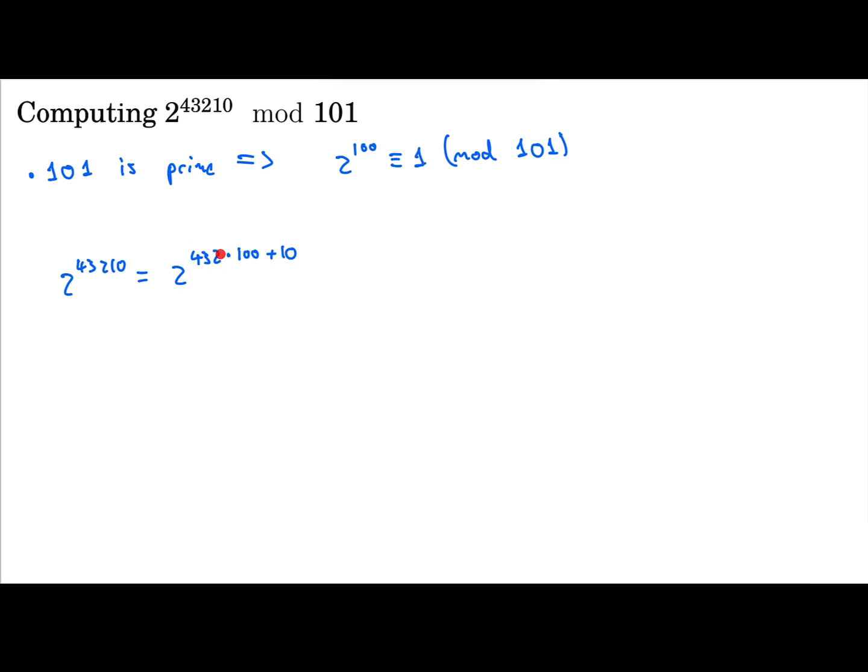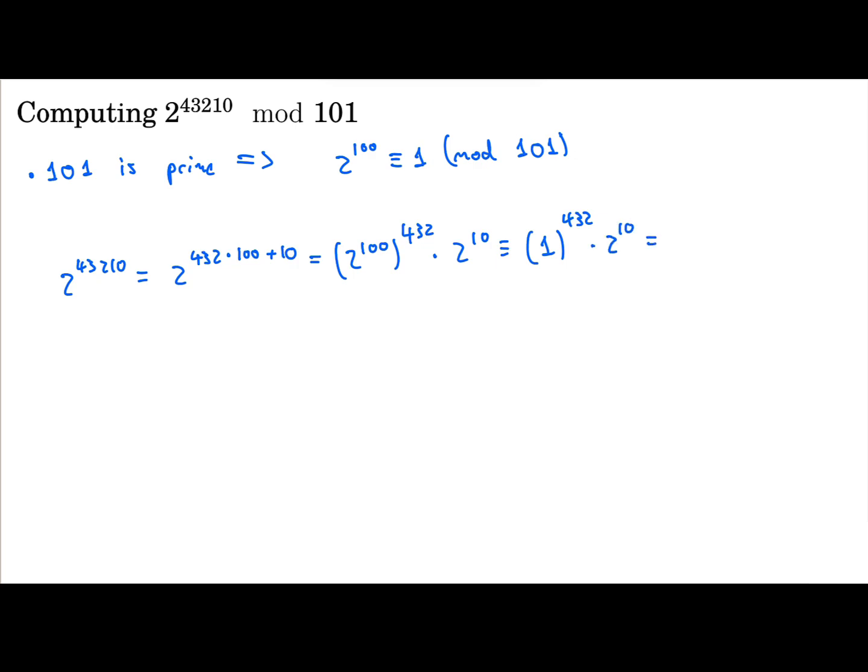And so this, you can then rewrite it as 2 to the power of 100, to the 432, times 2 to the 10. Now we saw that 2 to the 100 is congruent to 1, so this is actually just 1 to the power of 432, but that's easy, it's just going to be 1, right, times 2 to the 10.